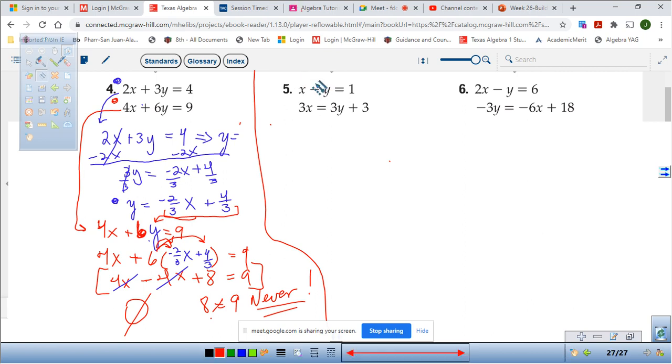I am going to take the first one, and I'm just going to move that y over by adding y. So the first one now, these would cancel out. This is my equal sign here. I would have x is equal to y plus 1. Now I would get this right here and plug that into, I guess, right there, right?